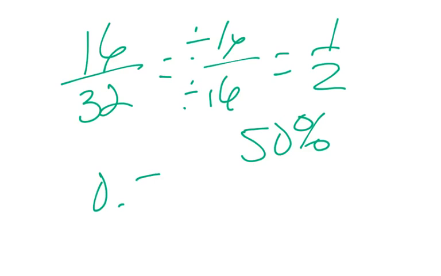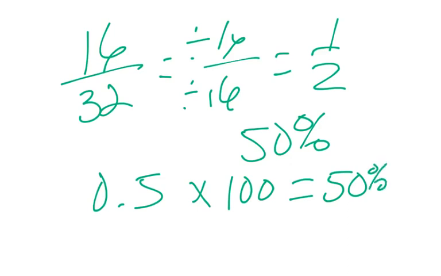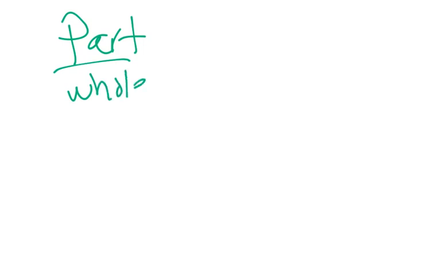If I do that, I'm at 0.5. And then if I multiply that by 100, I will get 50%. Okay? So those are all ways that you can solve that problem. But I can't stress enough how much part over whole equals percent over 100 comes in handy.